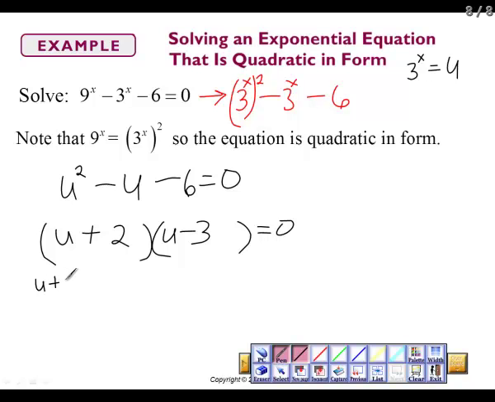Now we set our factors equal to 0, and we get u equals negative 2, and u equals 3. Now, since we said that 3 to the x is equal to u, we can substitute 3 to the x power back in for u. So now this will be 3 to the x equals negative 2.